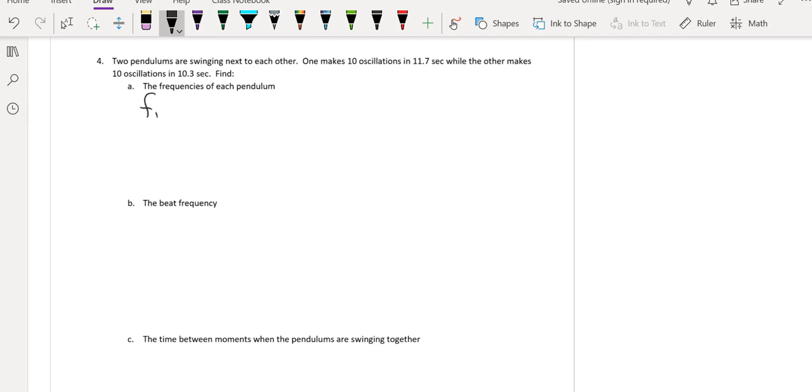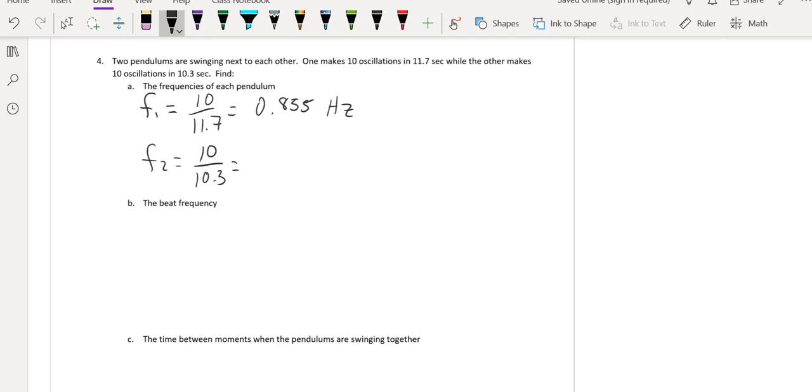So one of the frequencies is going to be 10 divided by 11.7. 10 divided by 11.7 would be 0.855 hertz. And then the frequency of the other one will be 10 oscillations in 10.3.